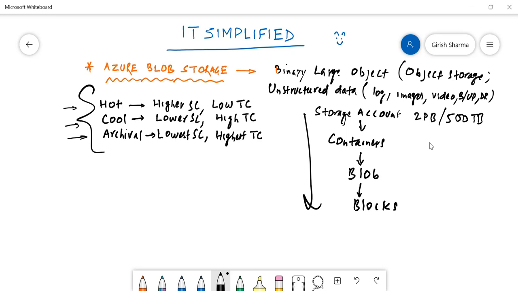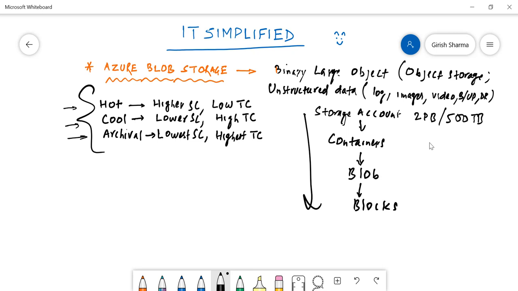In that storage account you can have unlimited containers, but that's the limitation the last time I checked. Because the cloud is always evolving and changing, it might change over a period of time, but that's what the limitation is today when I checked. So it's something to keep in mind. In a storage account, you will create a container. A container will have blobs, and a blob consists of blocks.